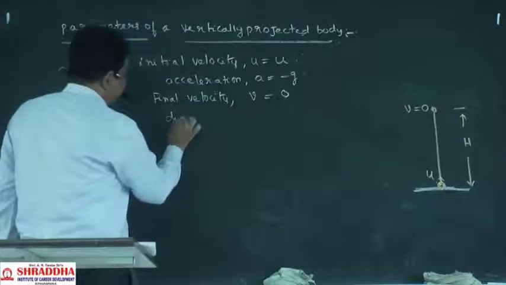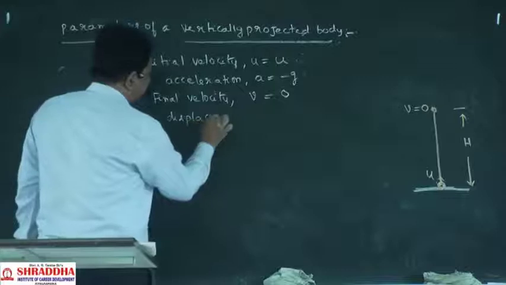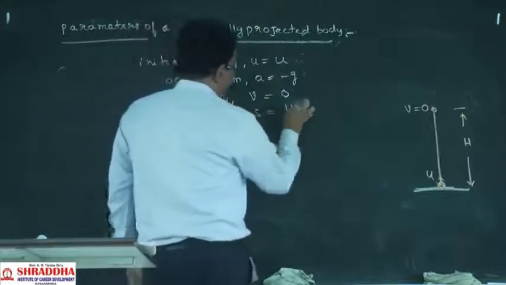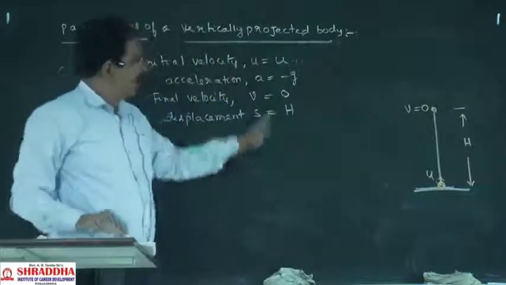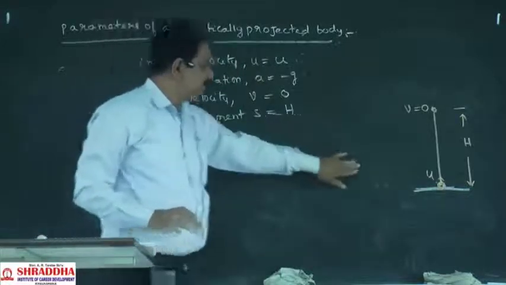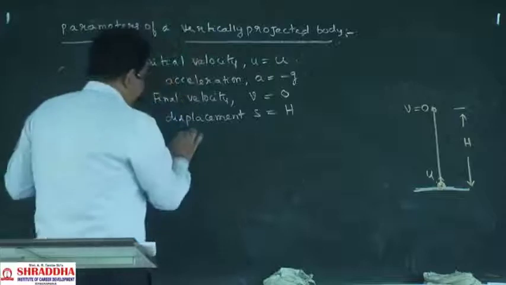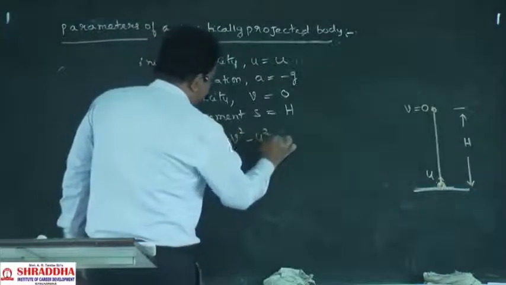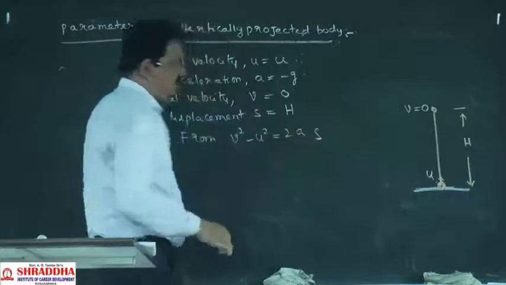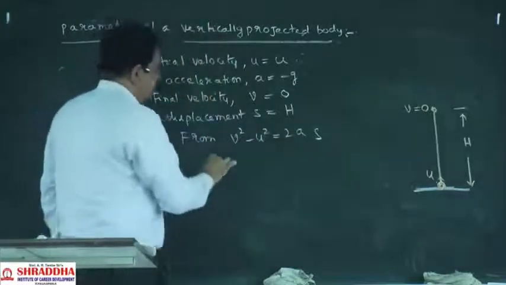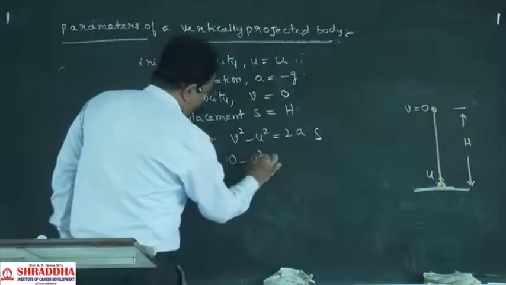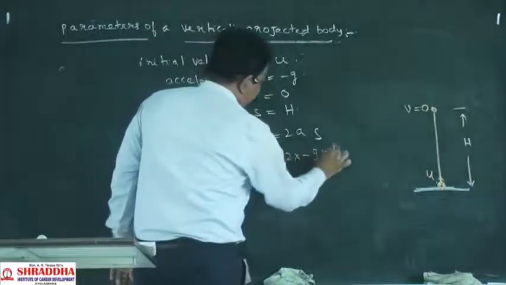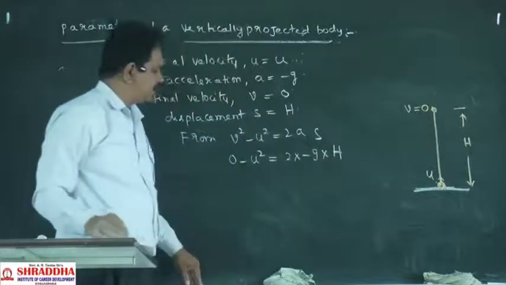Next, displacement s is equal to h. If we substitute all these values in v square minus u square is equal to 2as, we get 0 minus u square is equal to 2 into minus g into h.